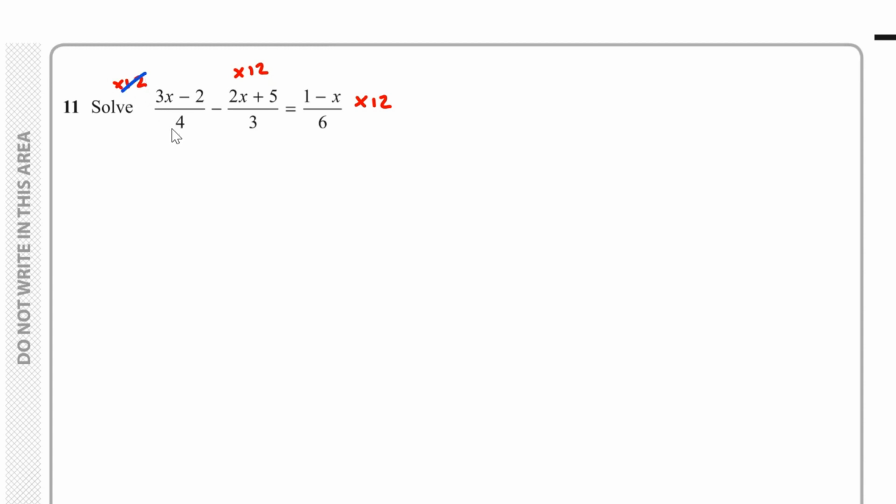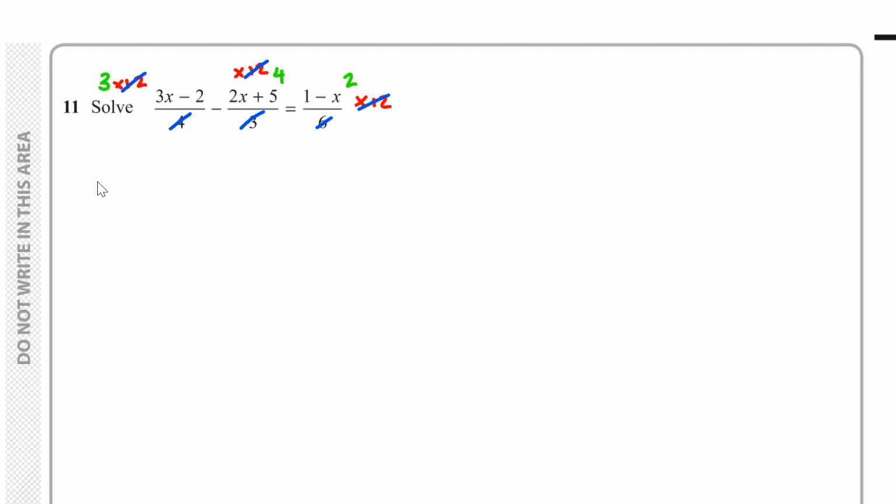12, the 4 cancels with the 12 3 times. The 3 cancels with the 12 4 times. And the 6 cancels with the 12 twice.